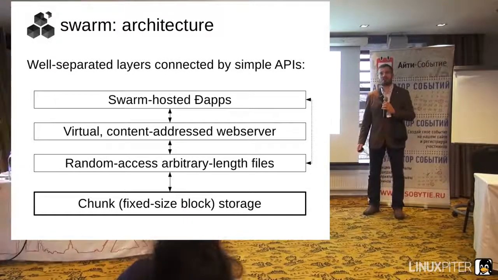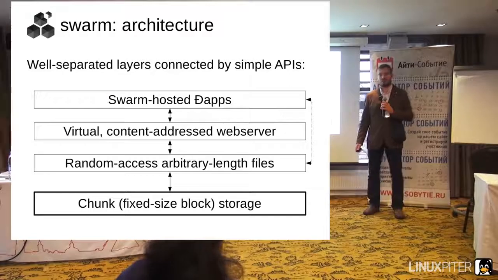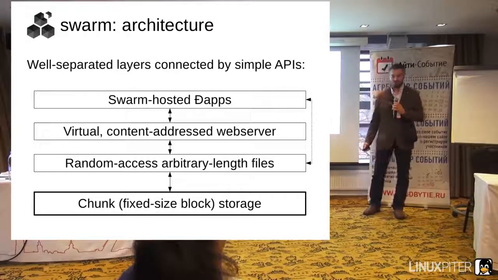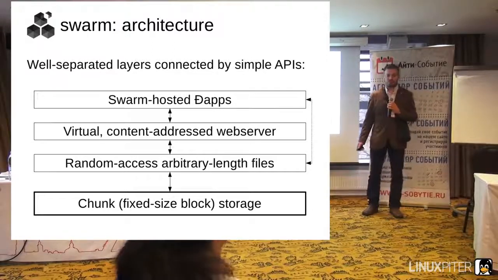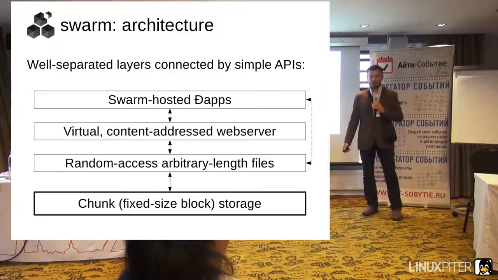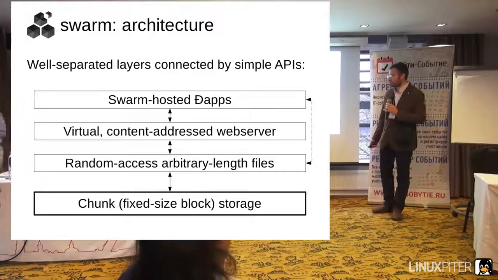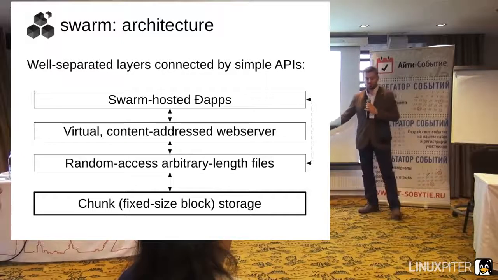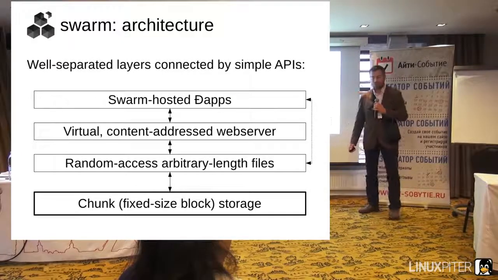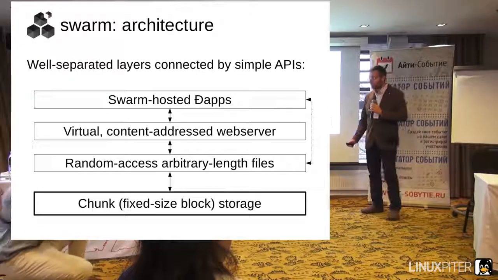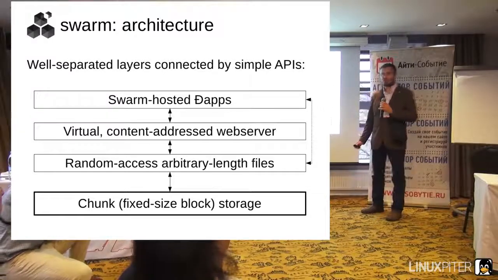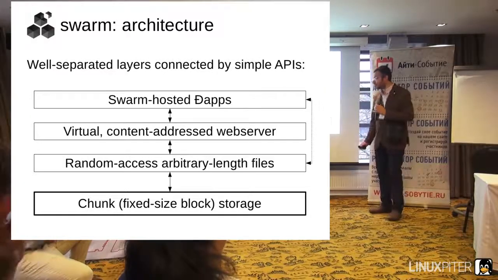A chunk is a fixed-sized block of data, 4 kilobytes or less, and chunks are accessed through their cryptographic hash. The base layer of Swarm, all it does is that if you ask for a chunk, then somebody will provide it to you. That's the basic contract, that's all it does.